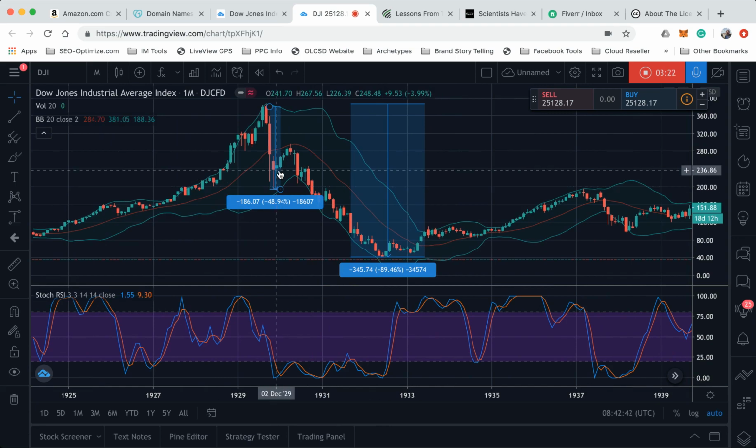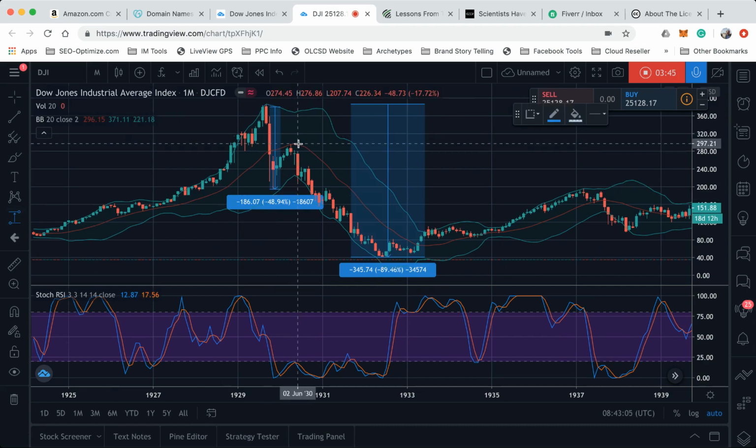A little bit of indecision in the market right here. And then it's recovering. These are all buyers. And then, boom, it dropped again. So it recovered a little.